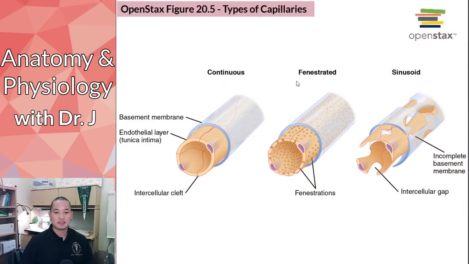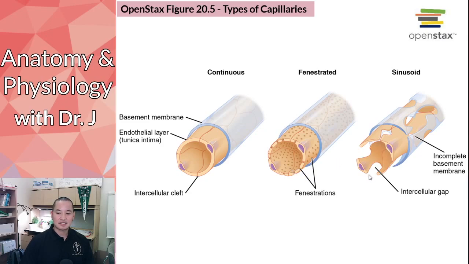Now let's zoom in closer. Remember, there are three main types of capillaries, and they all have different levels of how intact their overall vessel structure is. Continuous capillaries have the least amount of space between the endothelial cells inside the vessels. Fenestrated capillaries have these little holes called fenestrations.